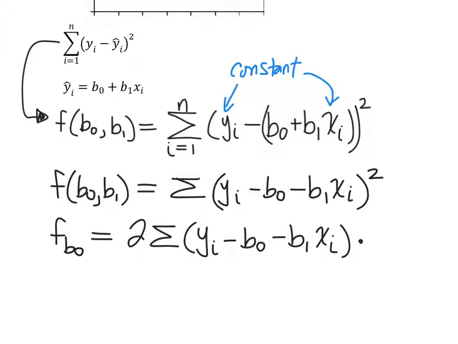I'm taking the partial derivative with respect to B0, so the only thing in here that I'm treating as a variable is the negative B0. So negative 1. Is that being inside of our summation or is that outside? It's inside the summation, yeah.